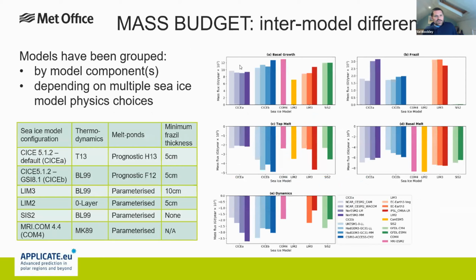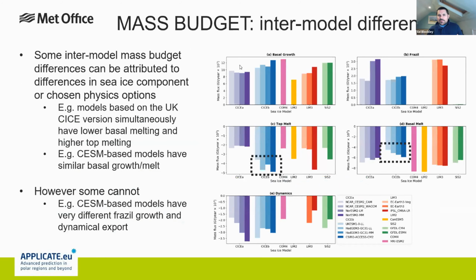I don't have time to go through this, but in the paper, we also had a look at how certain aspects of the model physics might impact these differences, particularly in the reference period. And there were some aspects of the differences we could attribute to certain models. For example, in black here, the UK models generally have a lot lower basal melt and relatively higher top melt.